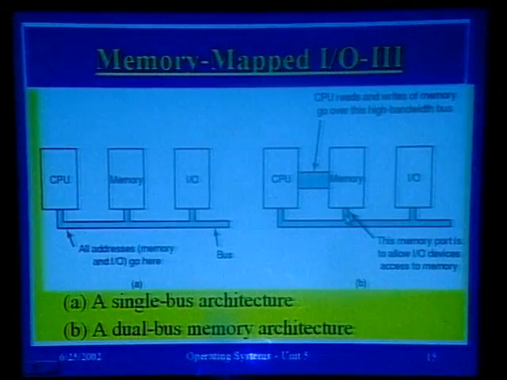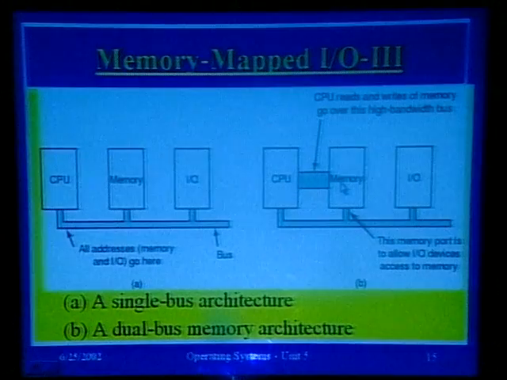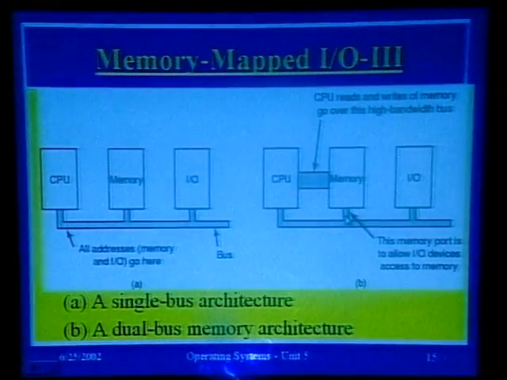It means we have a double bus memory architecture, one between the CPU and the memory, and the other which connects the memory as well as I/O devices, and at this point the memory port allows the devices to access the memory. I/O devices access the memory here, whereas the CPU directly reads and writes the memory over this high bandwidth bus, and we call this a dual bus memory architecture.